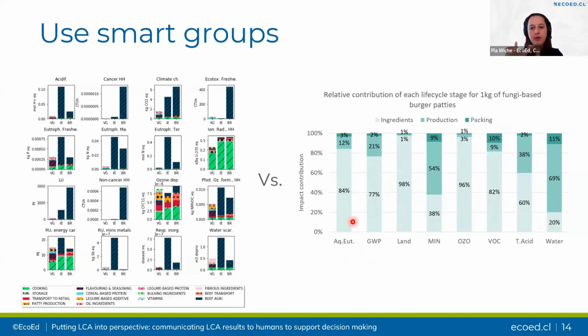And probably this is the most important thing for me to manage right now. There are also fewer processes. Here you have, I don't know, 16, 18 processes. Here you only have 3. So ingredients, production, packing. And this is the magic of using manageable objects, because it's manageable.